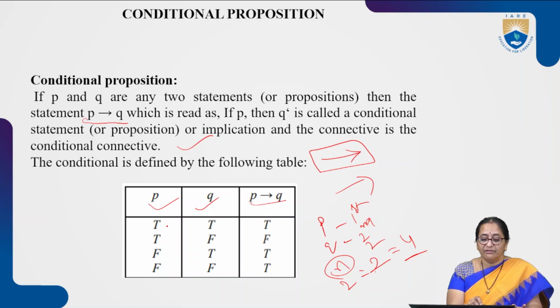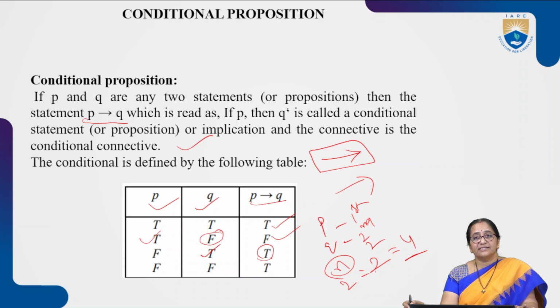If both the P value and the Q value are true, then our result is also true. If the P value is true and the Q value is false, in that case our statement is false. In the remaining cases, if the P value is false and the Q value is true, the result is T.